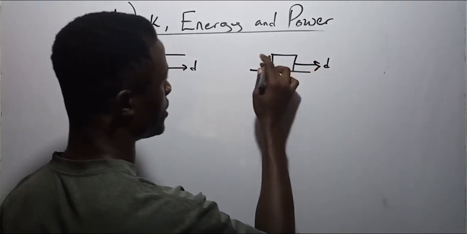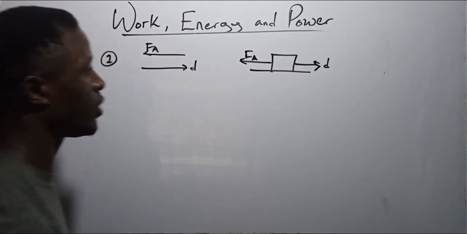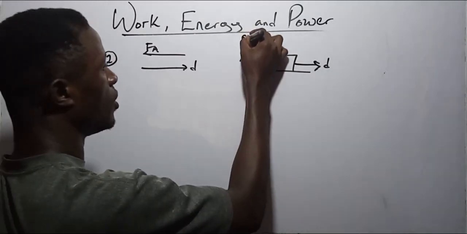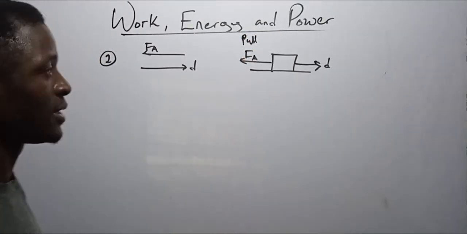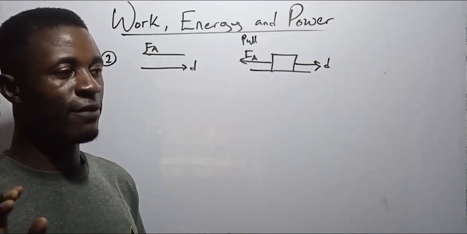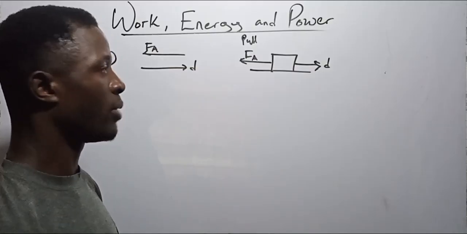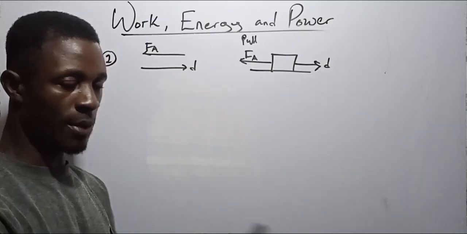So this object is moving in this direction and I apply a force in the opposite direction. We call this force a pull. The other one we considered the other time is a push. When you apply force in the same direction as the motion of a body, you are pushing. But when you apply force in the opposite direction, you are pulling it.